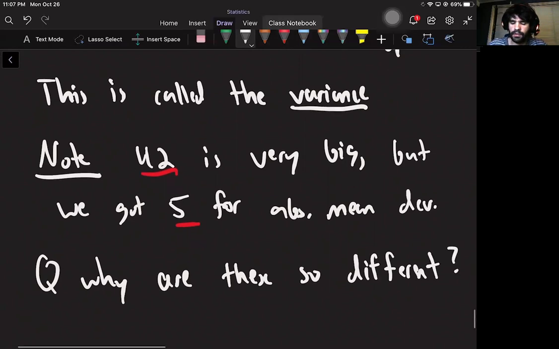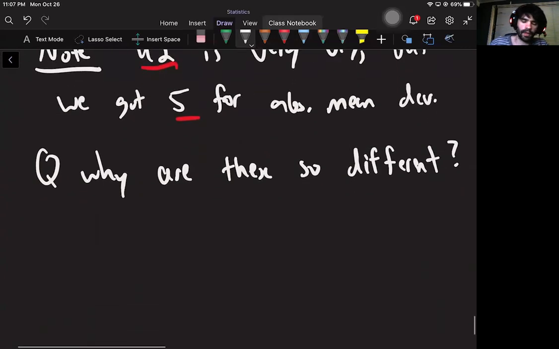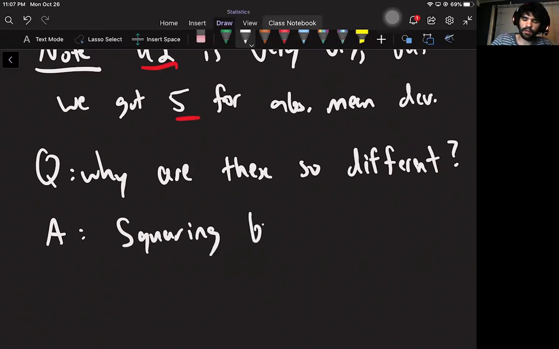So it's just a mathy reason, but I like math, so that's what I'm going to talk about. It's really just because when you square something, it gets really big if it's already big. So squaring big numbers makes them extra big.